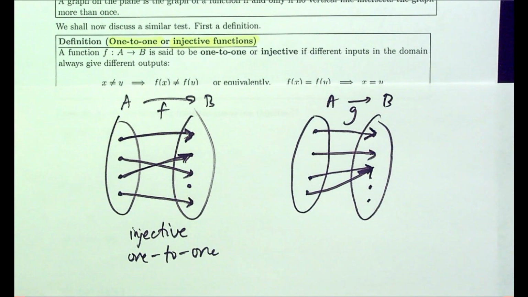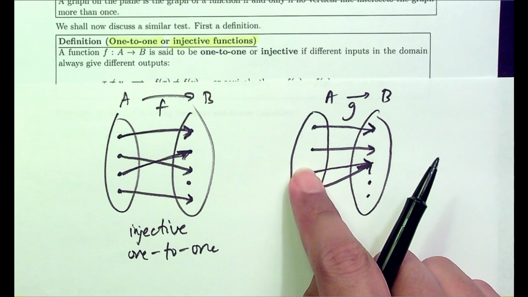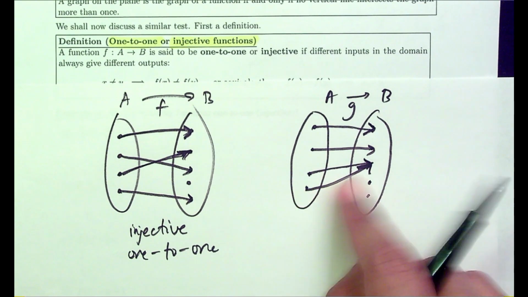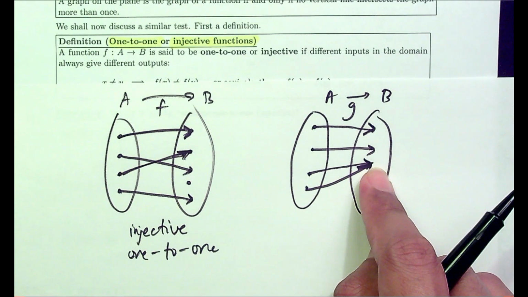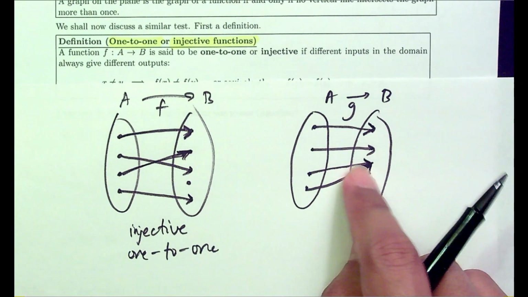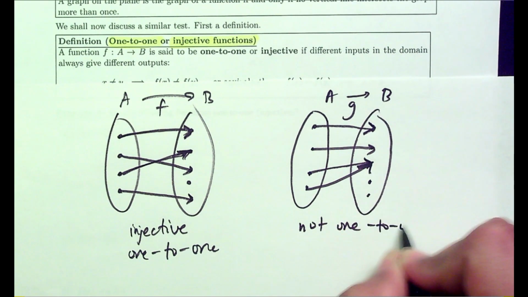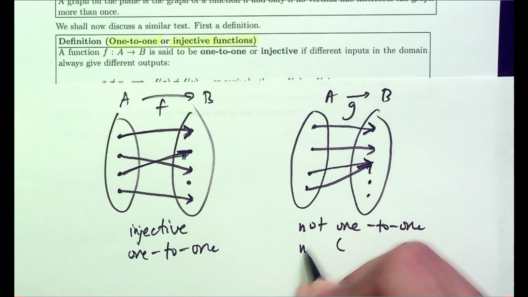So this function is not injective or one-to-one because you have two different inputs that have the same output. Whenever that happens, this function is not injective.